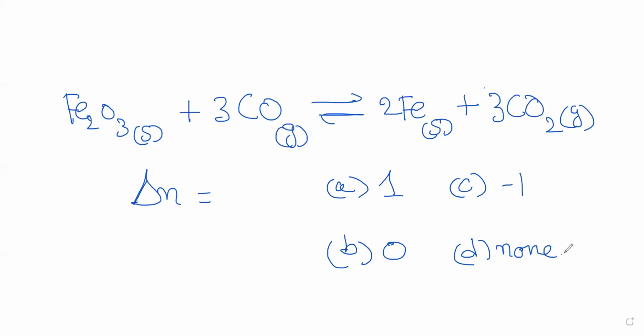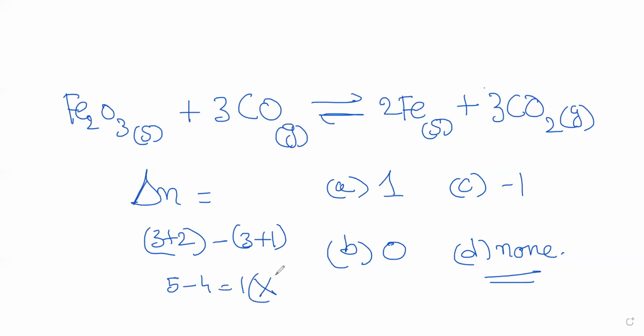Which option is correct? Sir, 1, sir. How? So you did 3 plus 2, 5 minus 3 plus 1, right? Yes, sir. 3 plus 2, 5 minus 4, which is 1, right?